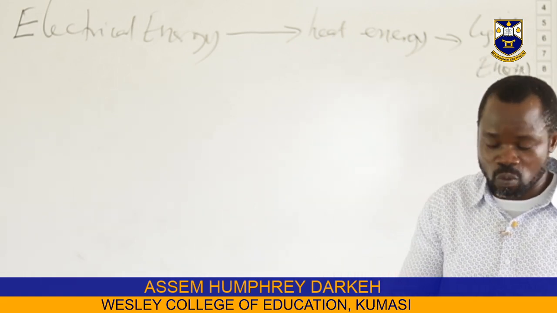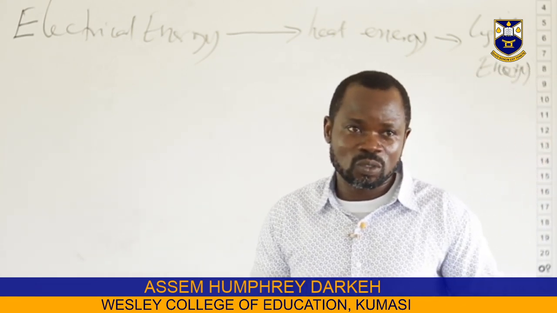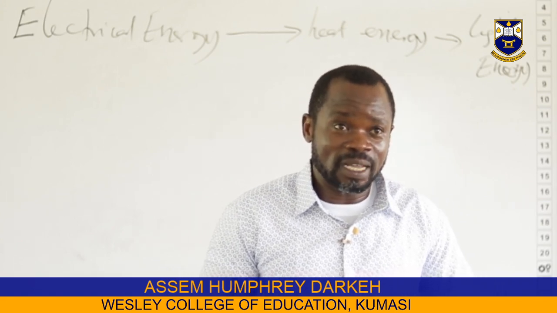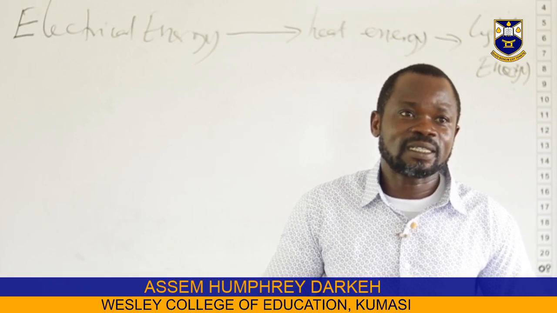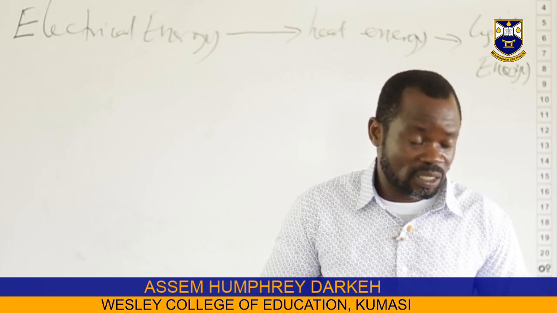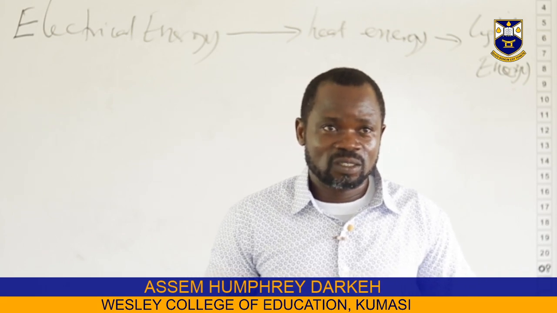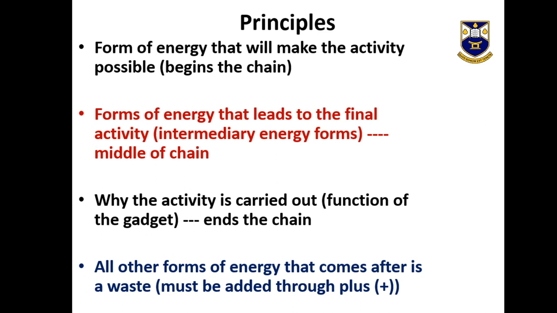Other examples could be cited, but basically we have these principles in lesson 2, and it's still here because it's very important anytime you want to teach the transformation of energy. So as you see, the form of energy that will make the activity possible begins the chain.